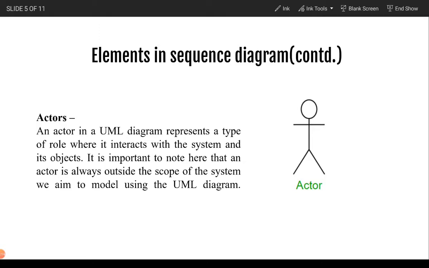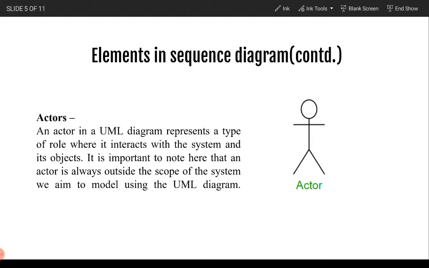The next element in a sequence diagram is one of the essential entities, which is known as the actor, and an actor in a UML diagram is common in all types of representation where it is represented using a stickman, and it is a type of role which interacts with the system and its objects.